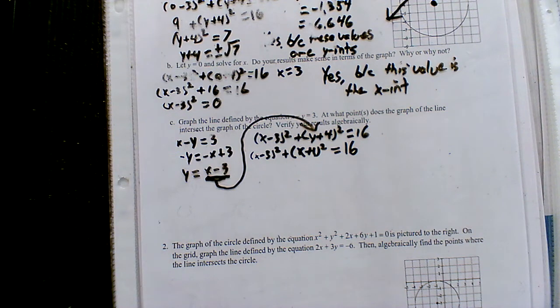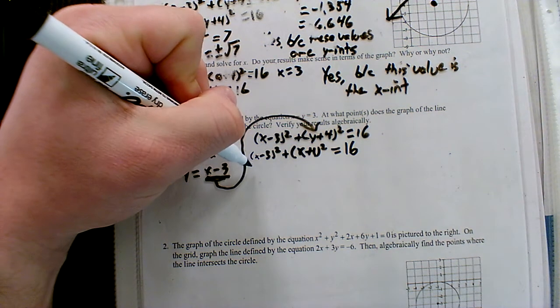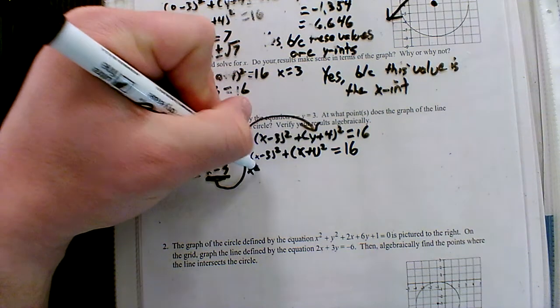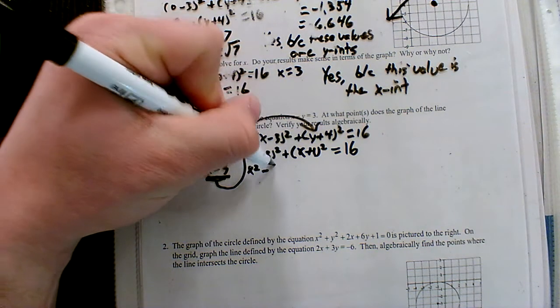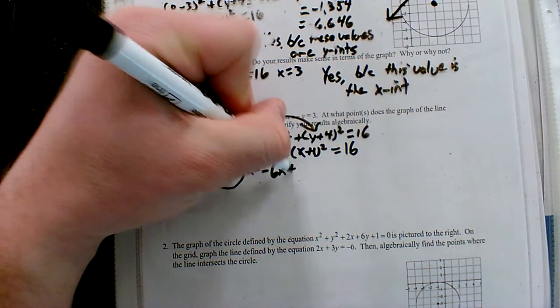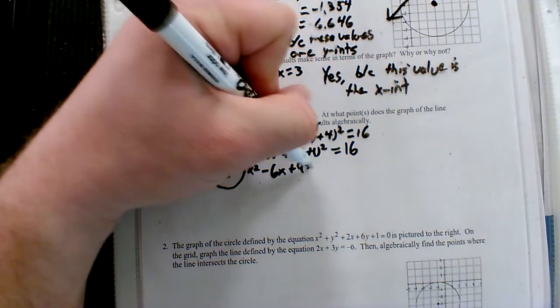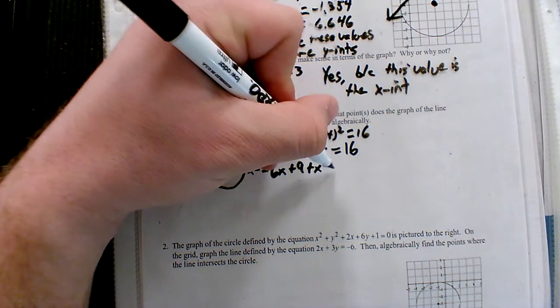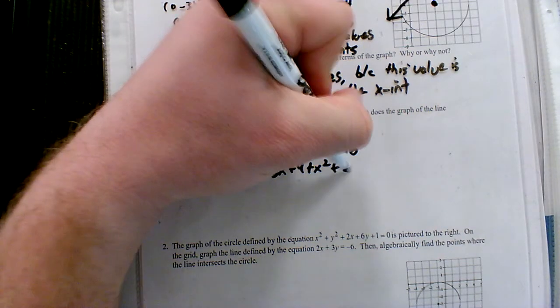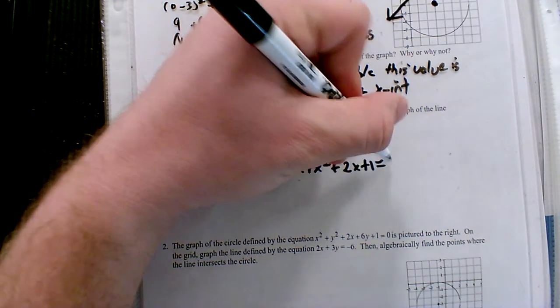Now, once you get this form, what you have to do is square both of them, so get all of your terms, and then combine like terms. So x minus 3 squared becomes x squared minus 6x plus 9. Then the x plus 1 squared becomes x squared plus 2x plus 1.